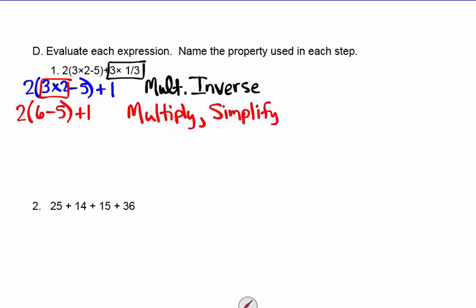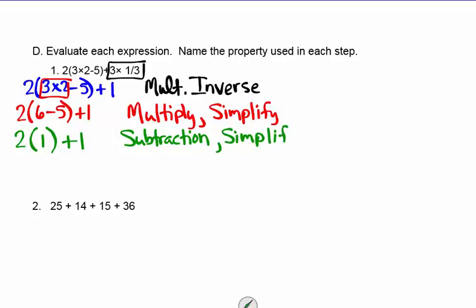We simplified. All right, let's look at the next step. 2 times the quantity 1 plus 1. What did I do in that step? I just took 6 minus 5. We know that 6 minus 5 is 1. We can call that subtraction or simplify because we just simplified.